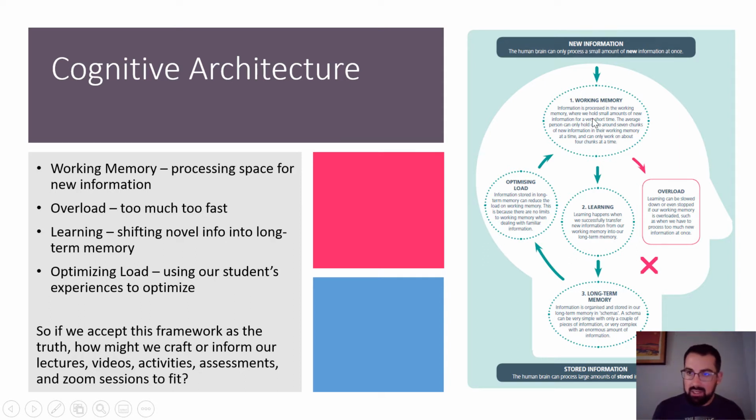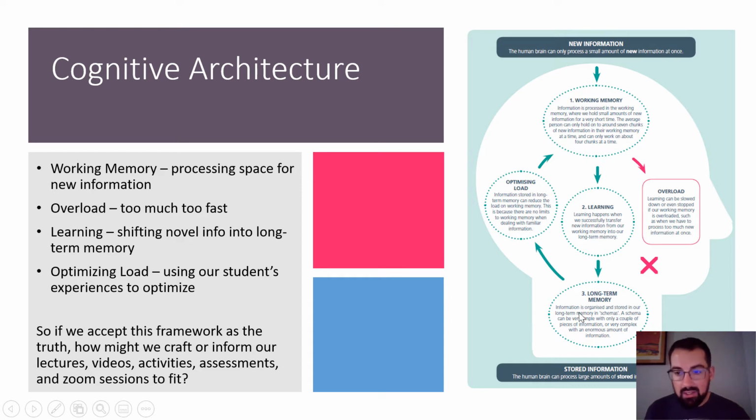They have to practice it a few times, maybe more than a few times, to really get it, to be able to apply it on a test, or remember it long term. So learning in this cognitive load theory is framed as when new information, new skills, new competencies move from working memory through lots of practice and success into our students' long-term memory.